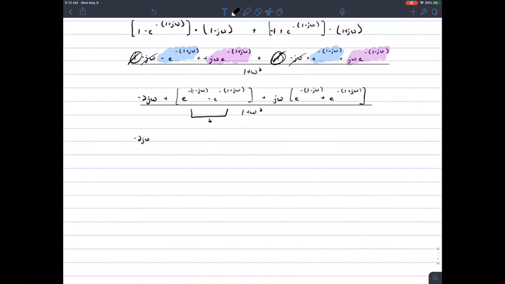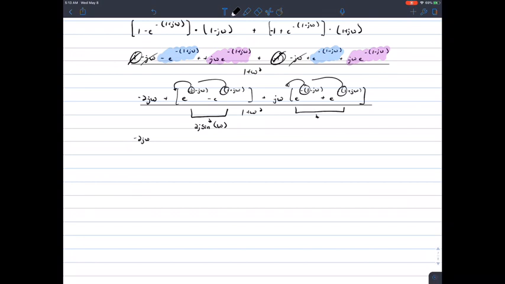This is going to turn into a sine, and these constants are just going to move out. Okay, you should just see it. 2j sine of omega.